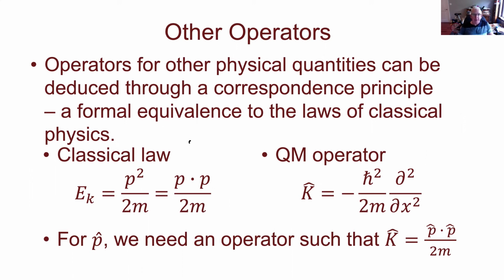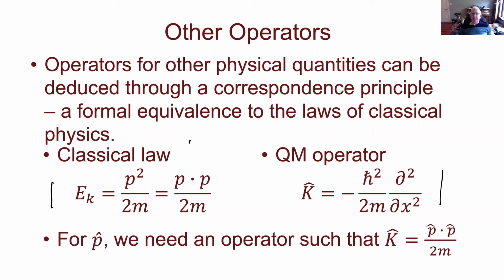So if I take classical mechanics and I want to get the momentum from the kinetic energy, I have this expression over here, which says the kinetic energy should be equal to p squared over 2m, where p is the momentum. Okay, and that's just a classical physics relationship. I know that in quantum mechanics, we just said this one is our expression for the kinetic energy operator.